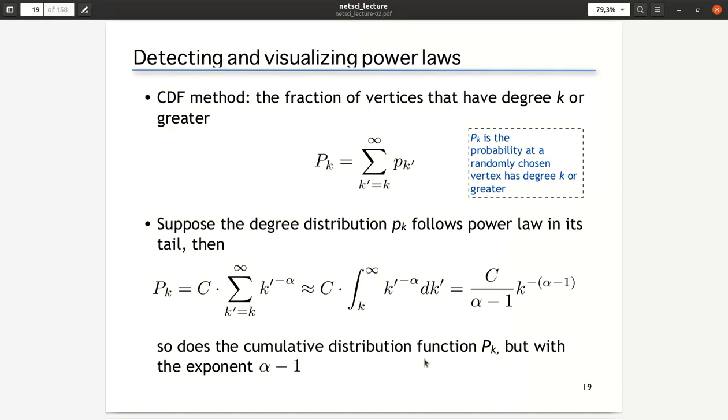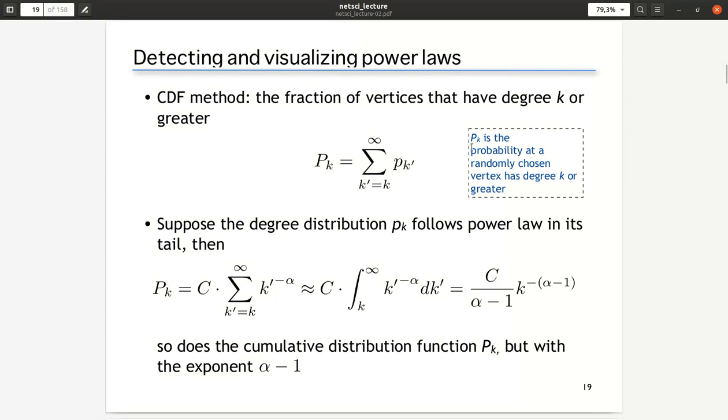mathematically we can see the so-called CDF method, which stands for cumulative distribution function, is the following. We have this capital P_k, which is going to be the cumulative distribution of nodes, the number of nodes with degree equal to k or greater.